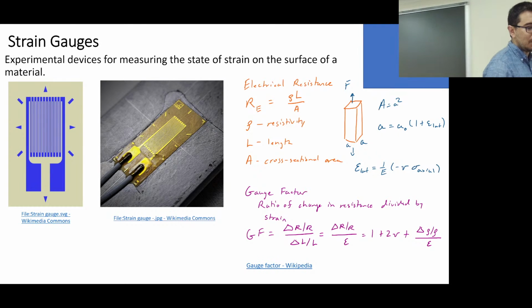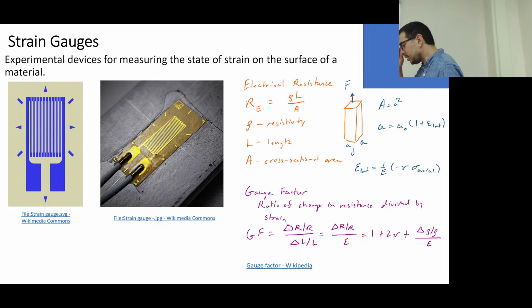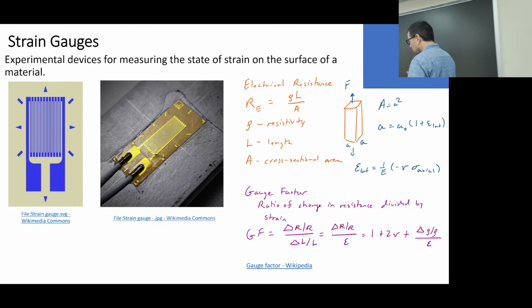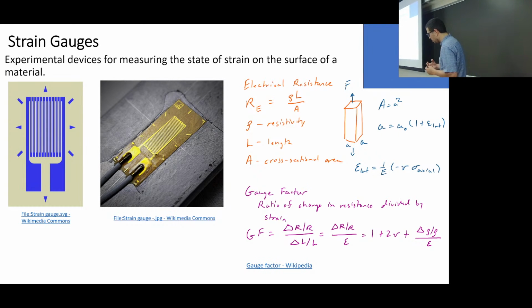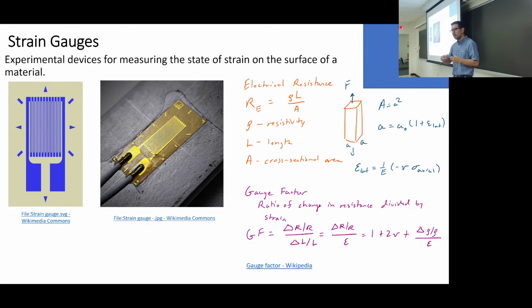So it's not just the cross-sectional area. I try to think of it so nicely as just the cross-sectional area change, but you should know that the materials of choice can have a piezoresistivity to them themselves.